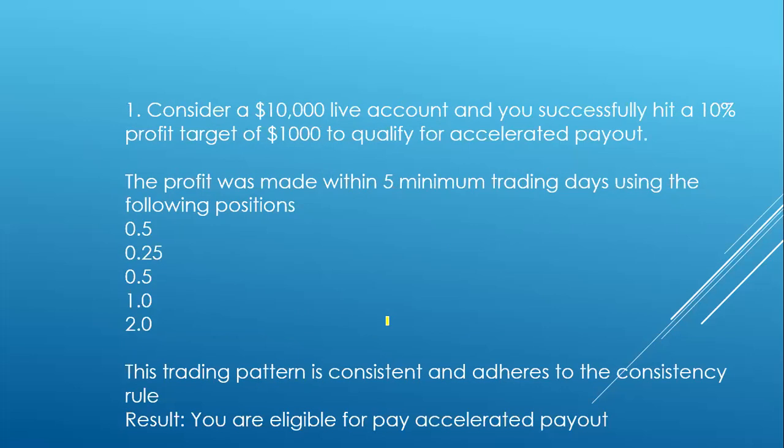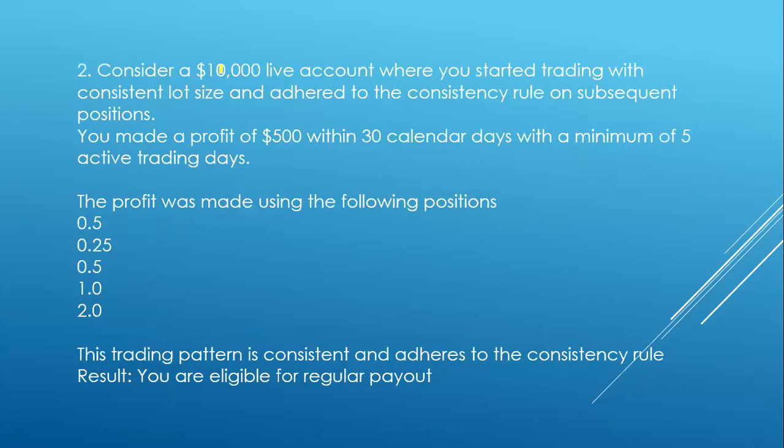All right. So now let's look at the second example. Now another one, you create a live account, which you can buy with the link in the description. You can get a live account without evaluation with the link in the description. So now consider a 10K live account, then you start trading it with constant lot size, and you made a profit of $500, which is okay, and you want to withdraw.